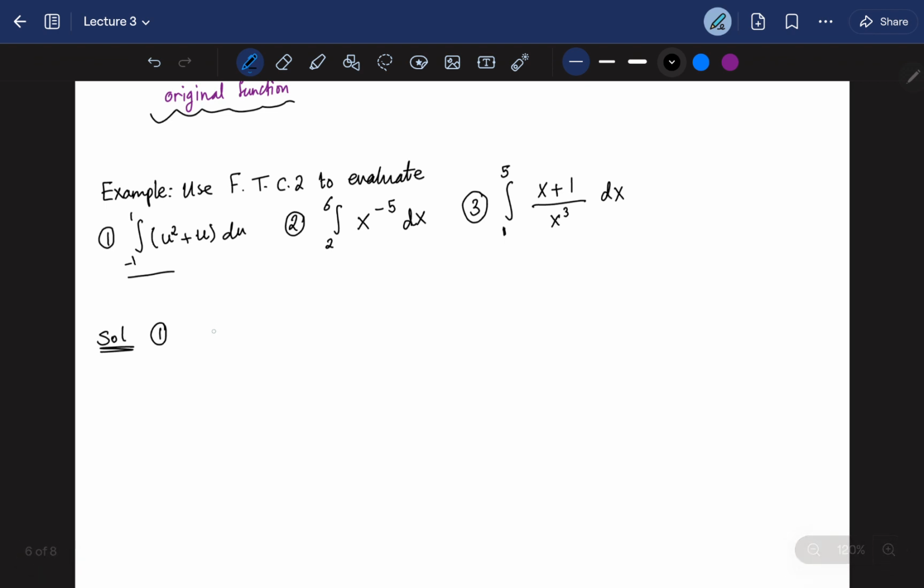We're just going to find an antiderivative, but finding an antiderivative is equivalent to finding the indefinite integral for that function using the rules that we've talked about before.